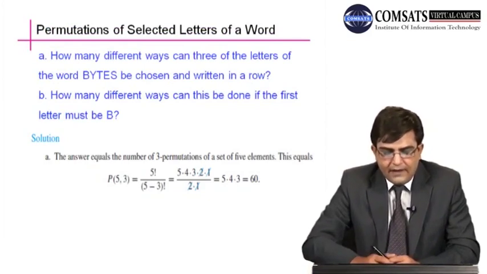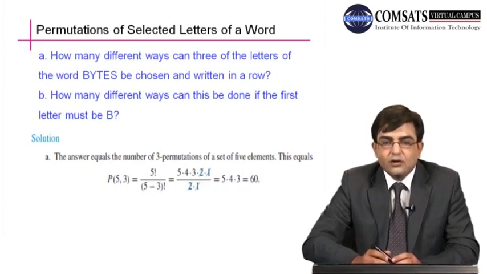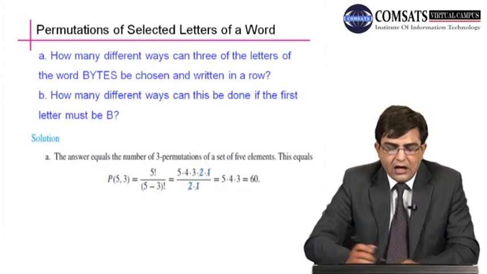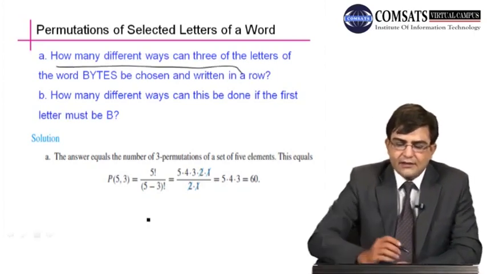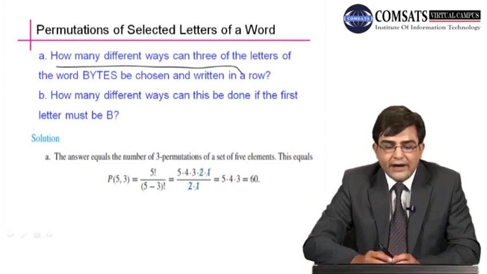Now another example of the r permutation, which involves the letters of a word. How many different ways can 3 of the letters of the word bytes be chosen and written in a row?